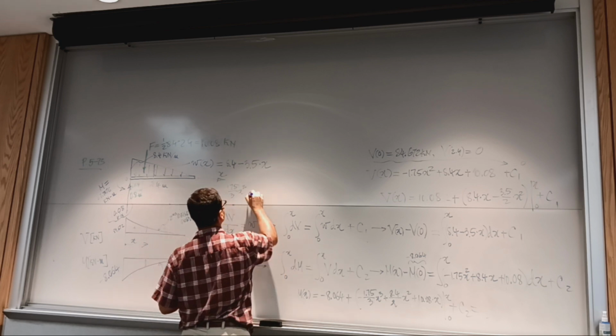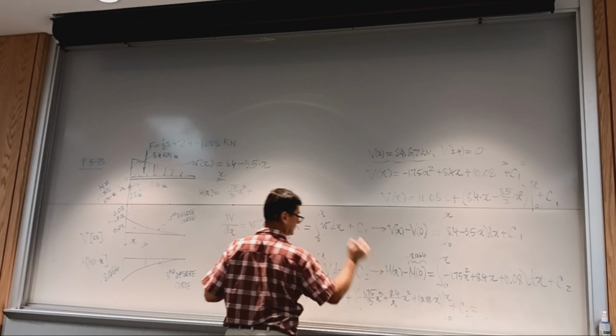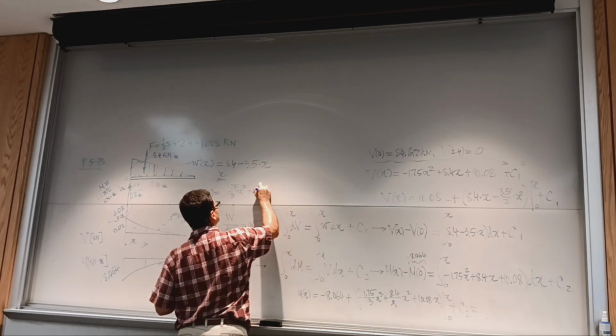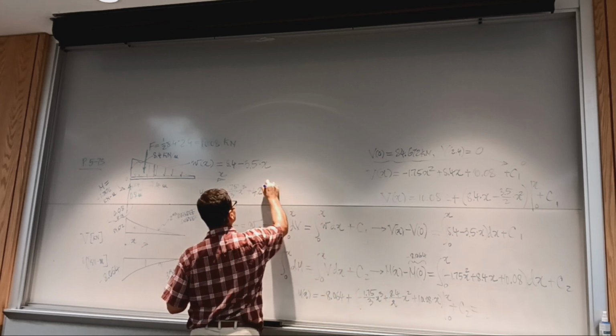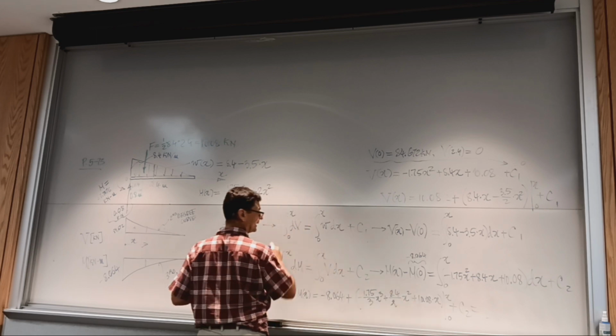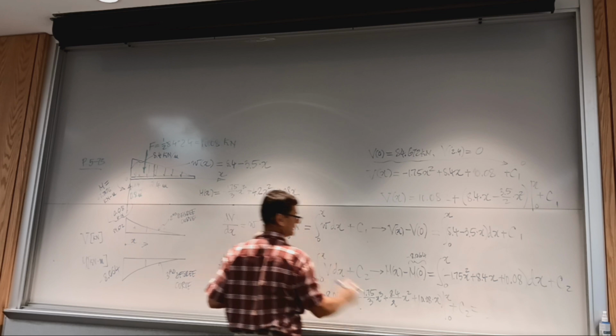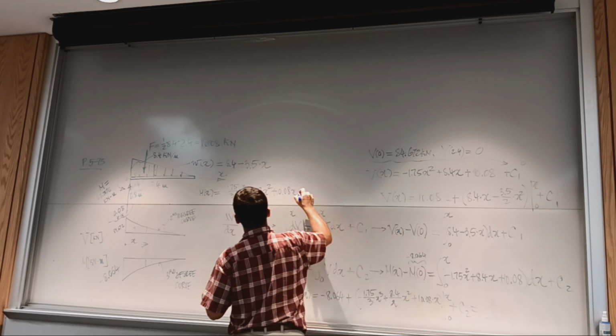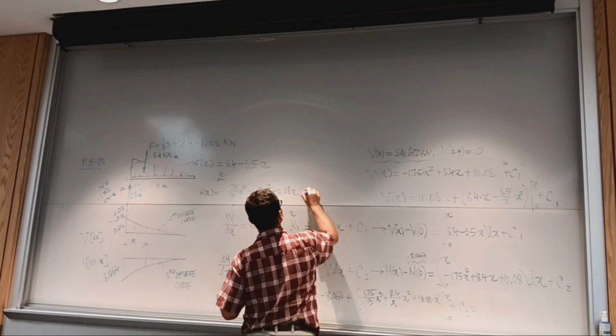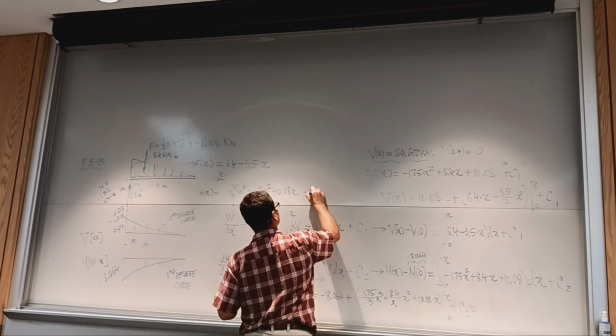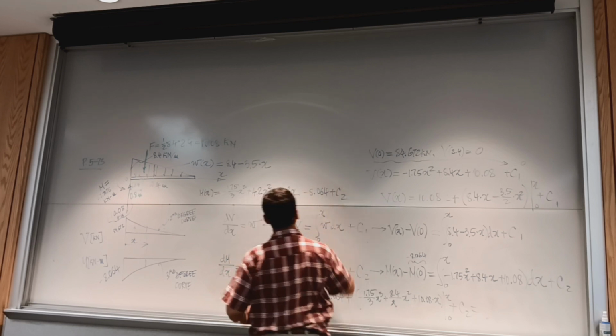And then I have plus 4.2 x squared. And then I have plus 10.08 x, this piece here. And then I moved last the negative 8.064 plus C2. Okay.